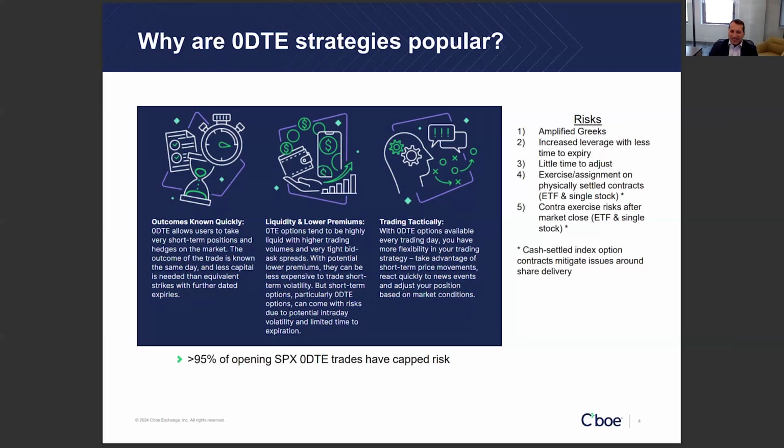And second, particularly in the large ETFs and indices, which is the vast majority of where 0DTE is trading, near-term options tend to be highly liquid, with very tight bid-ask spreads. You'll often see 100,000 contracts trade on a single strike in a given day.